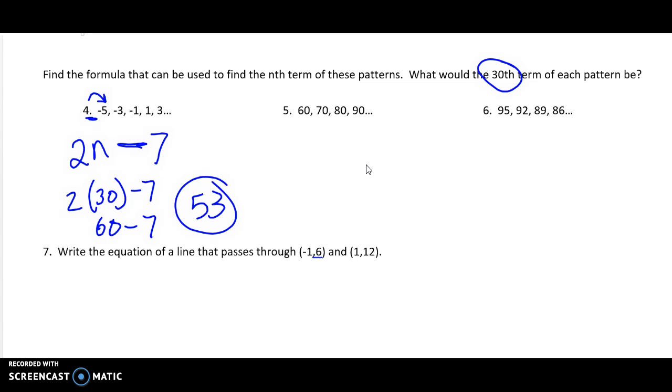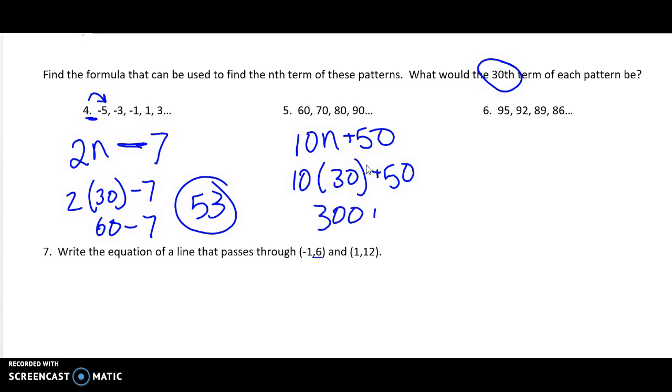I'm going to speed up on these next two a little bit just to save time. 10n plus 50. My 30th would be, no, that ain't right. 10 times 30 plus 50. Oh, I was way off. What was I doing? 300 plus, oh, I just subtracted stuff.